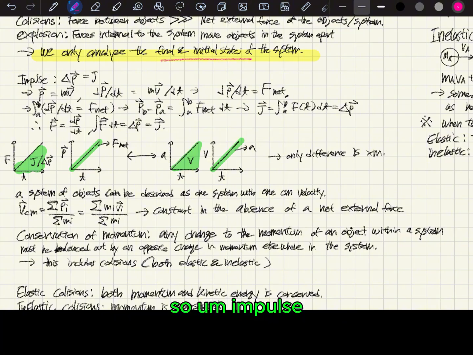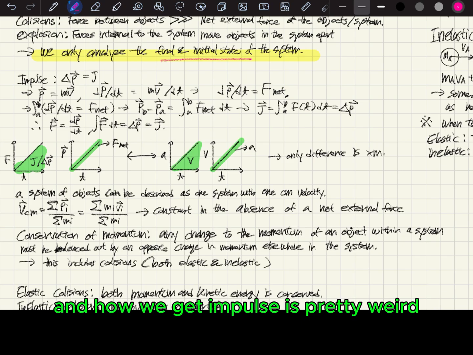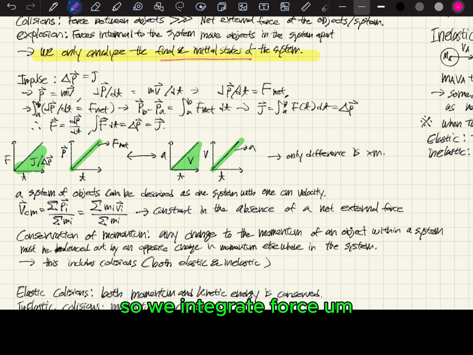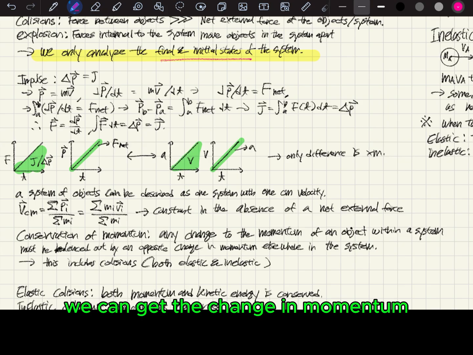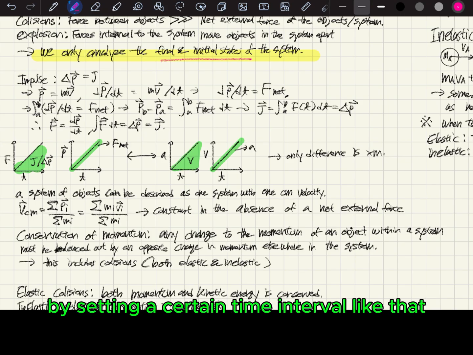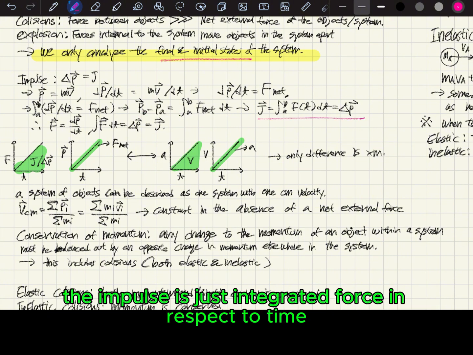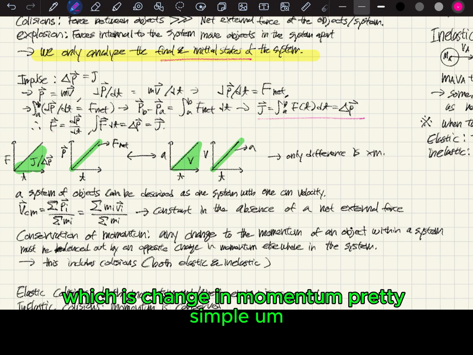So impulse, as we said, is change in momentum, and how we get impulse is pretty weird. We integrate force. Since we know that force is basically dp over dt, change in momentum over time, we can get the change in momentum by setting a certain time interval. The impulse is just force integrated with respect to time, which is the change in momentum. Pretty simple.